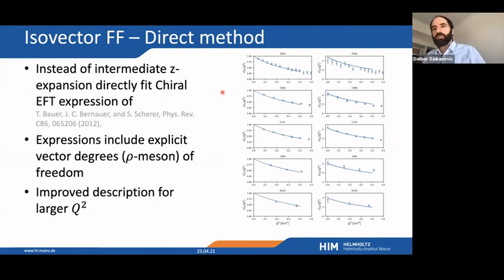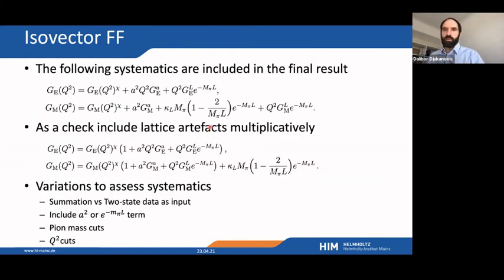Instead of doing this intermediate Z expansion to parameterize the Q squared behavior, we use these chiral EFT expressions to directly fit the data at the different pion masses. This is one of those fits. In this sense, this is a simultaneous fit in Q squared and m pi squared, and as such we avoid this intermediate expansion altogether.